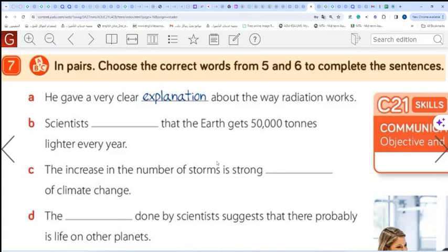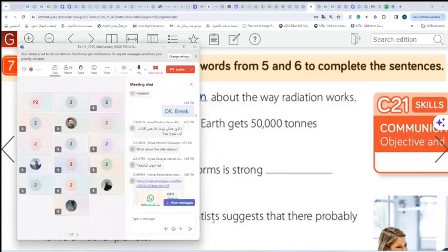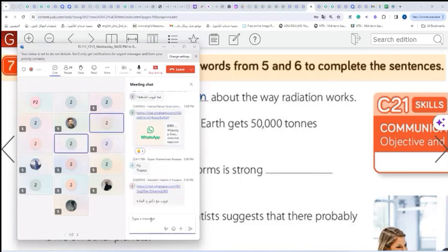Okay, light here means the opposite of heavy. Dear student, do you know what we mean by heavy? Heavy, heavier.